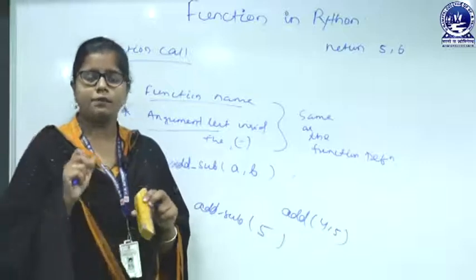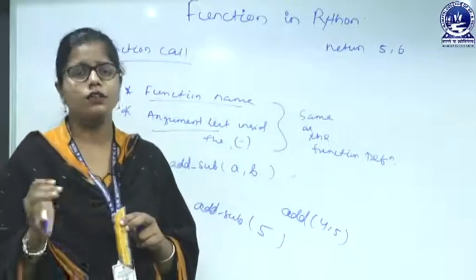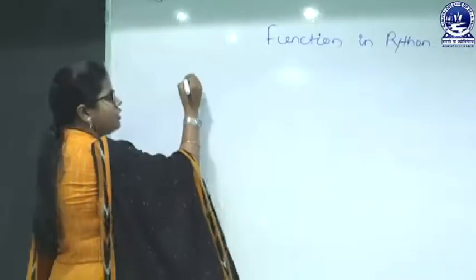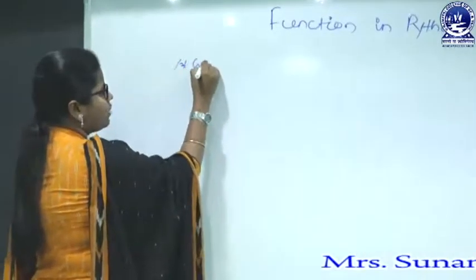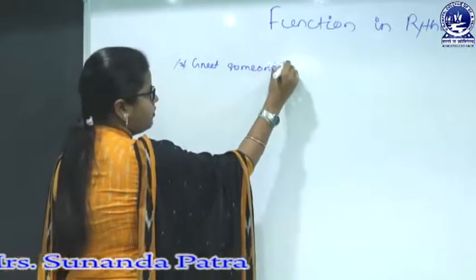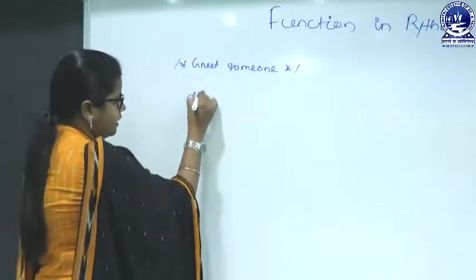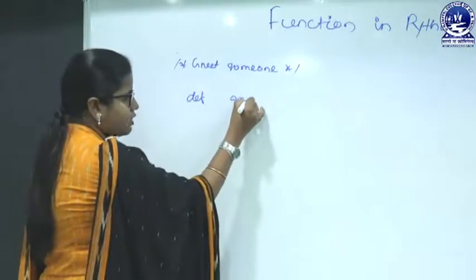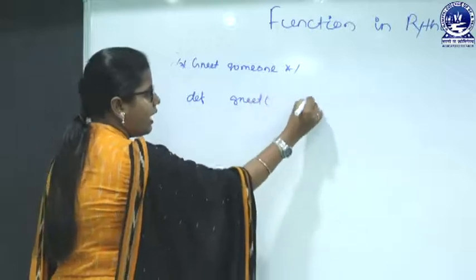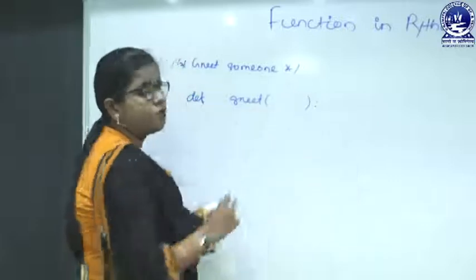So let us take some examples and see how a function can be defined and how it can be called. Our first program is to greet someone. So let us have a function definition. The function name may be greet, and here we do not have any argument, and let us put a colon here.